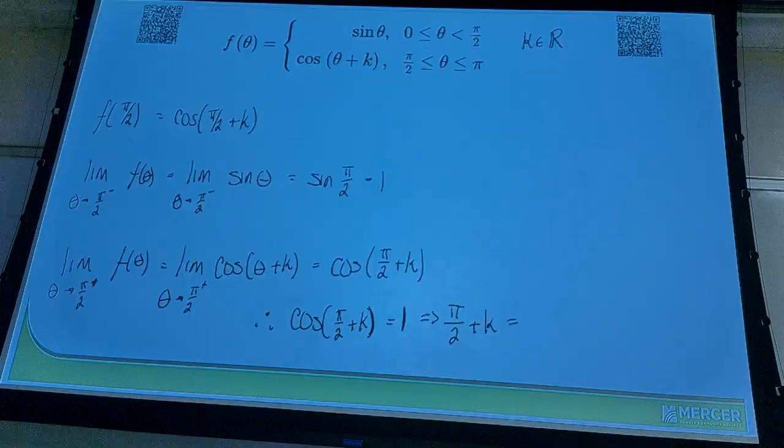What's the definition of coterminal angles? It's the same angle if you go all the way around.